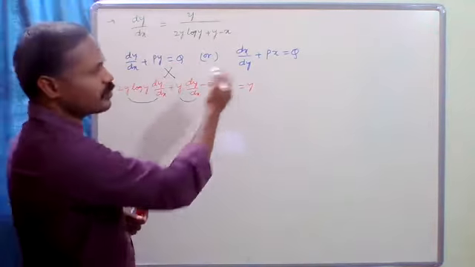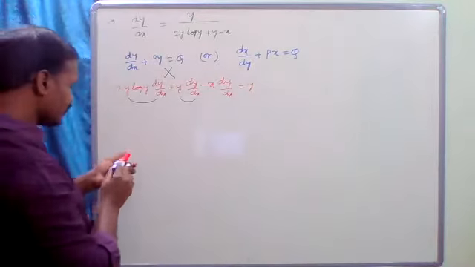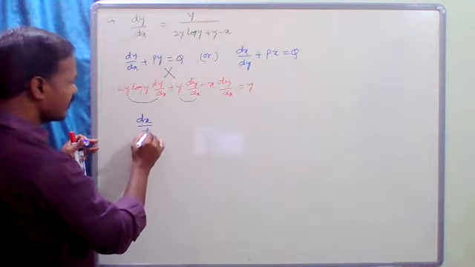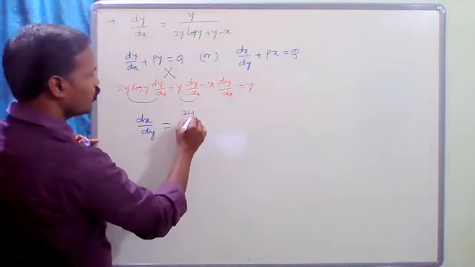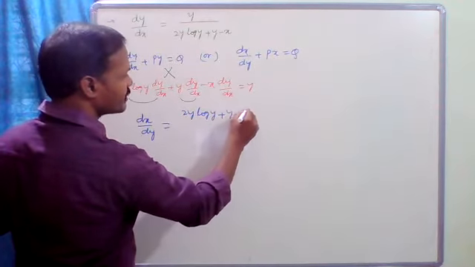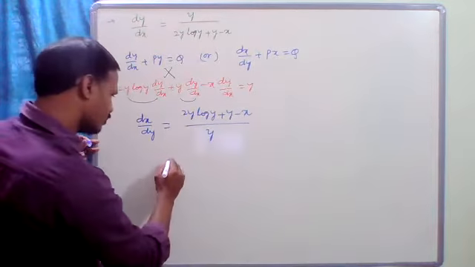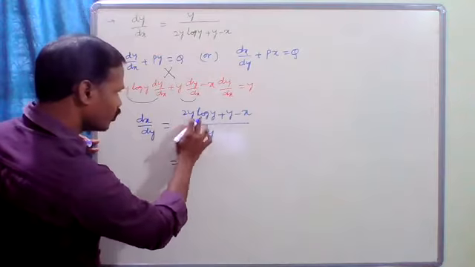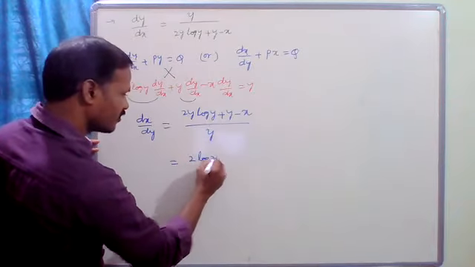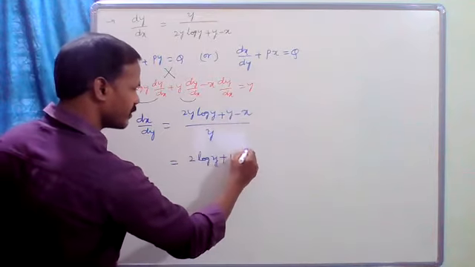For that purpose, what we have to do? Just take the reciprocal. If you take the reciprocal, what will you get? dx by dy equals 2y log y plus y minus x by y. Now simplify this: 2y log y by y is 2 log y, plus y by y is 1, minus x by y.